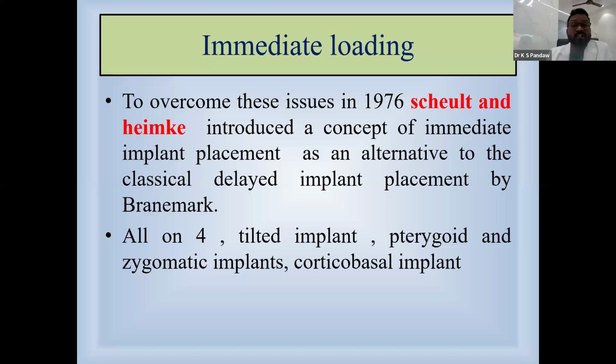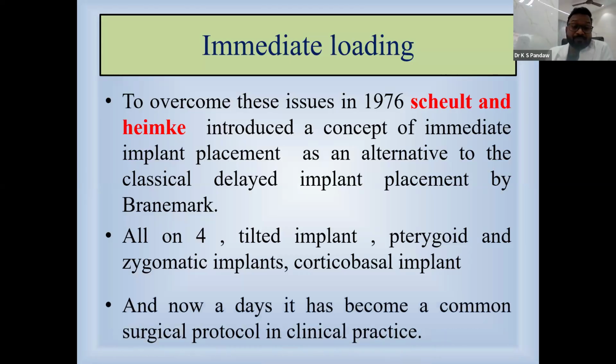Here we are immediately loading the implant by various means: by the use of bicortical implants, which engage both of the cortices, or by modifying techniques like all-on-four, tilted implants, pterygoid implants, and zygomatic implants. So these are the techniques through which we can do immediate loading.